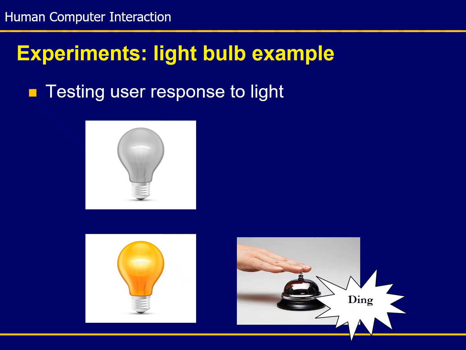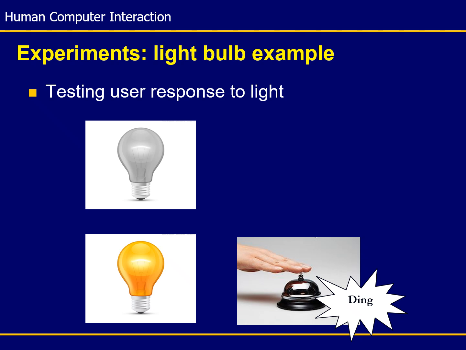I'm going to use a light bulb and connect it to a circuit, and it will be switched on sometimes fast and sometimes slow, and I tell each one of my participants, when you see the light getting turned on, click the bell. And I measure the time it takes them to click the bell. And I am recording how fast the light is coming out from the light bulb. So this is my naive experiment.